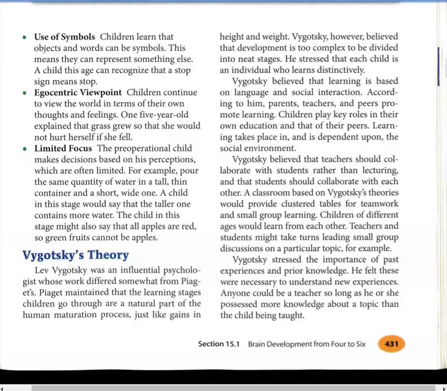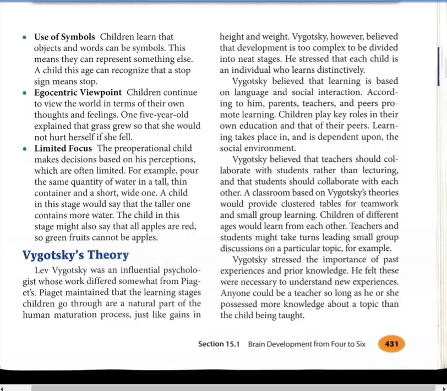So it's dependent upon the social environment. It's not just that they're going to learn for the sake of learning, but it depends on their social environment for the way that they learn, right? So he believed that students, especially children, should learn through collaboration and projects as opposed to just lecturing.